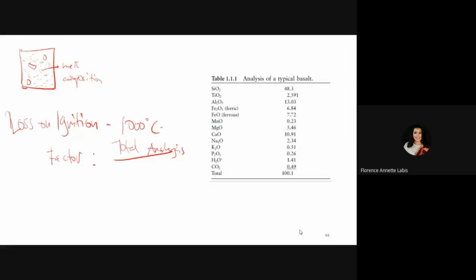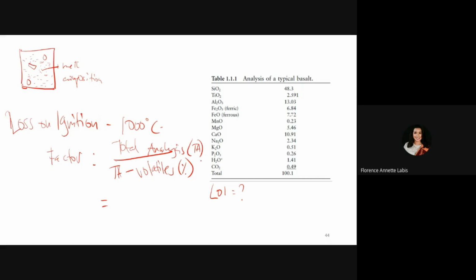So we have an analysis of a basalt here. In order to get its LOI, we take the total analysis, let's say this is TA, over TA minus the volatiles in weight percent, in order to get the factor.